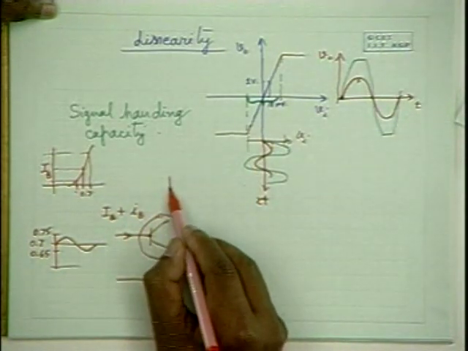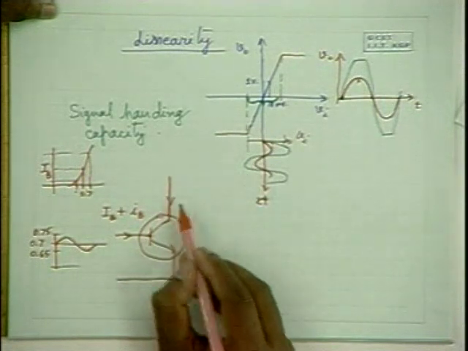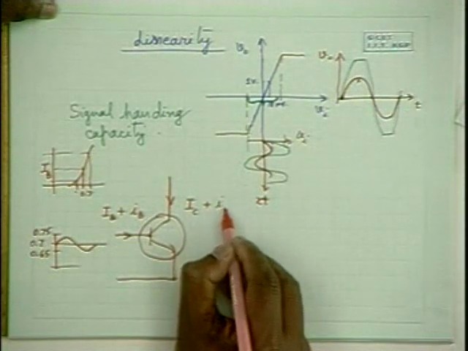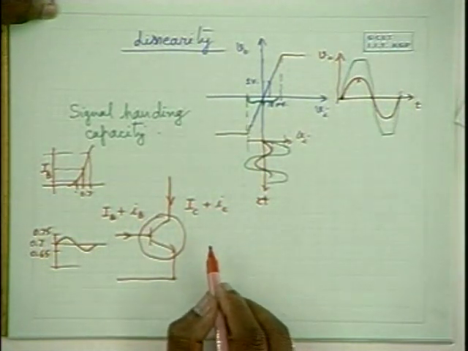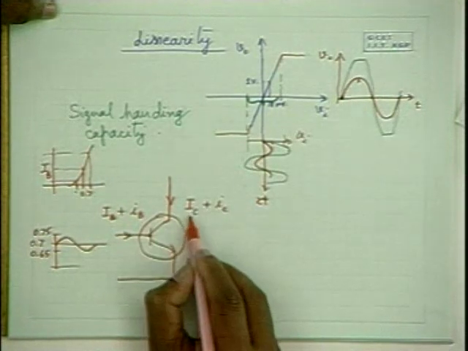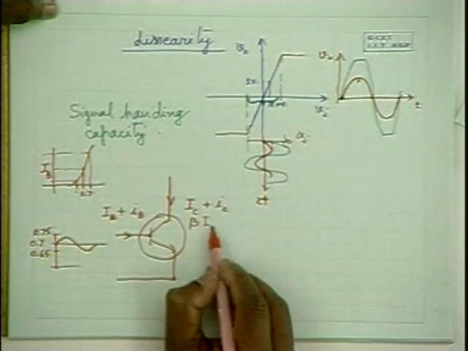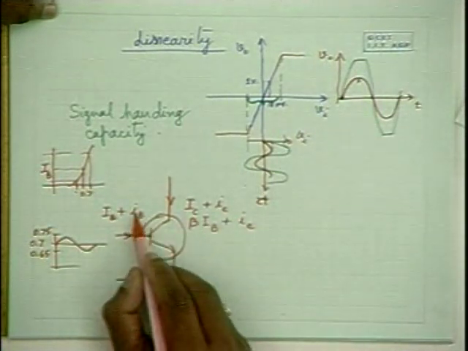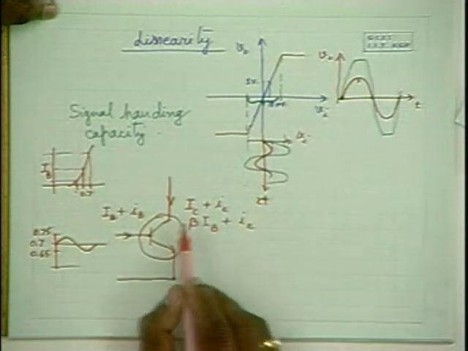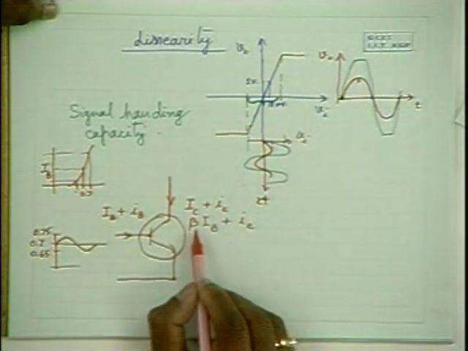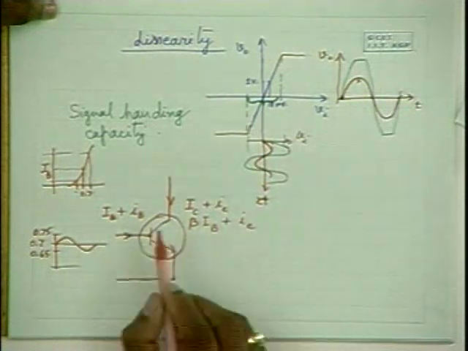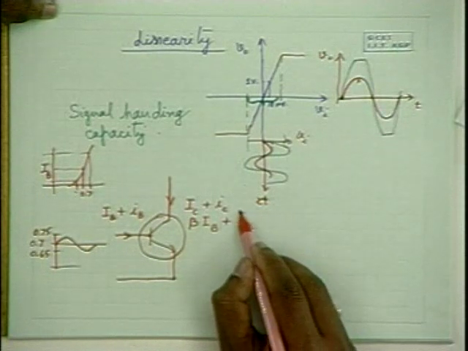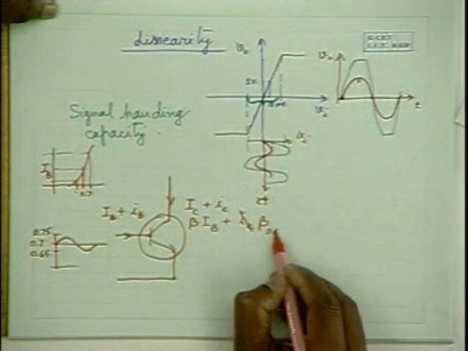Because of this, we expect the collector current also to be IC plus some small ic, and this IC is of course beta IB plus some small ic. This ic and ib are also related by some beta, which is not exactly equal to the same beta, but around that value, which is known as beta AC. So let me write it as beta AC into ib.